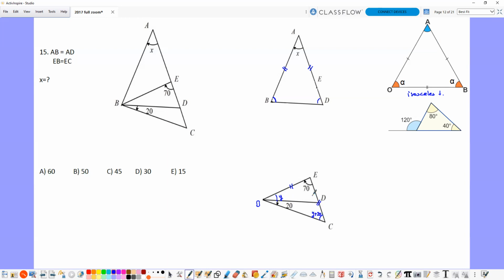And here I'm going to use another formula, which is written here.